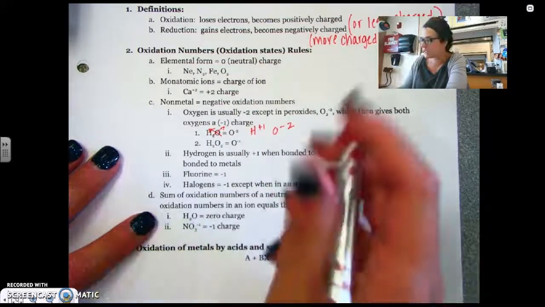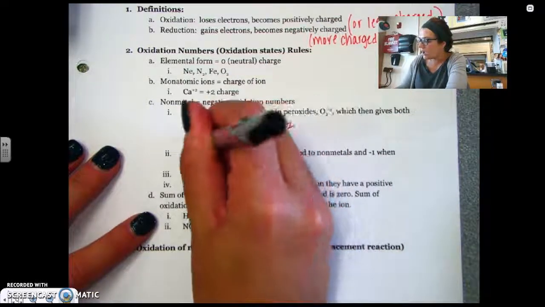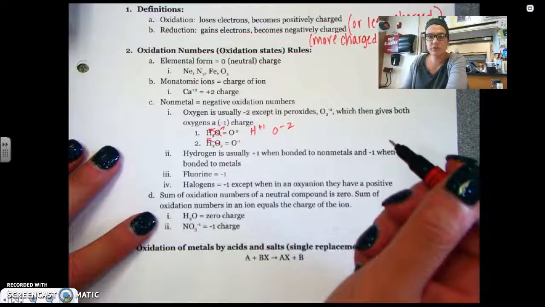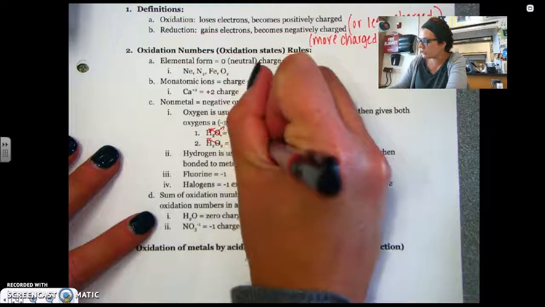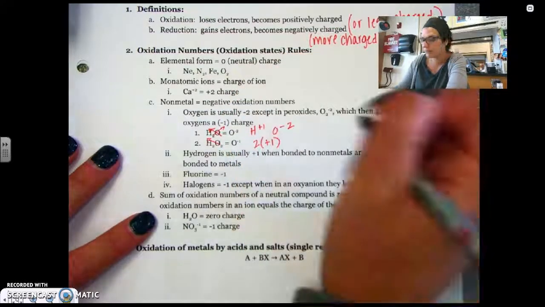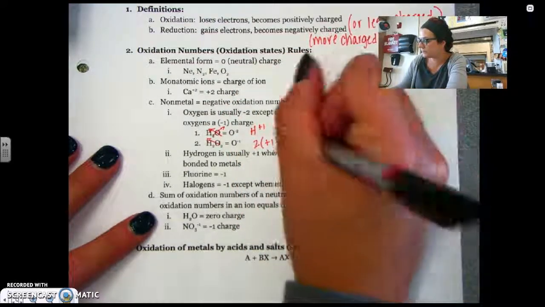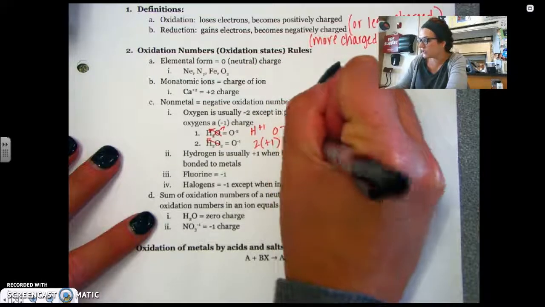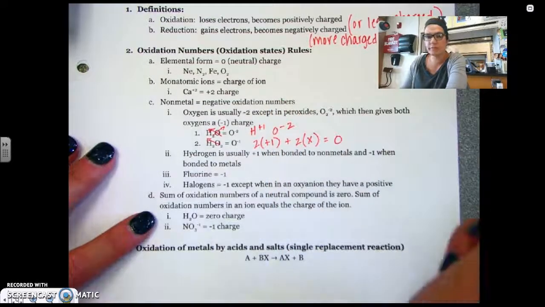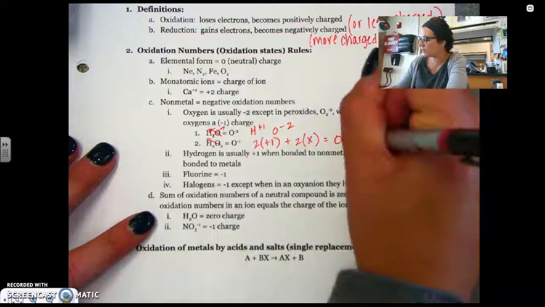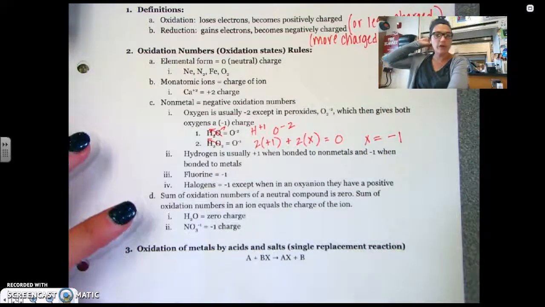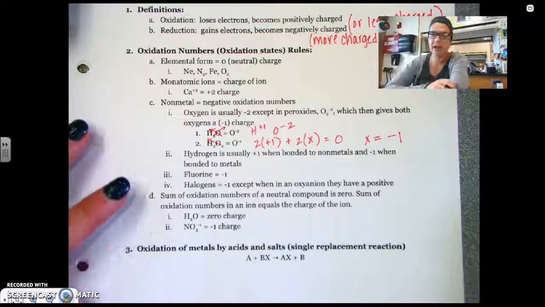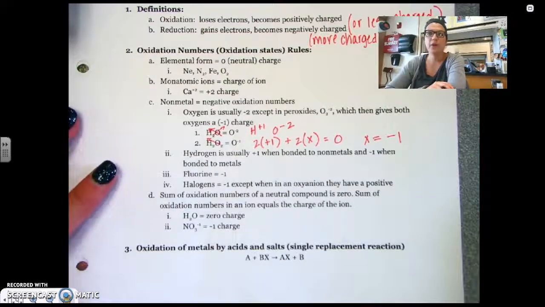Now in this case down here, hydrogen cannot have a +2 charge, which means if I have 2 hydrogens with a +1 charge and I add that to my 2 oxygens and solve for x, x is going to equal -1. So both of the oxygens in this compound will have a -1 charge, and we'll look more at that in a second.